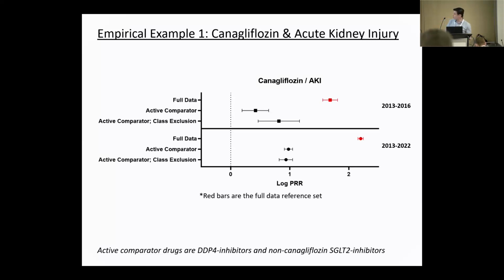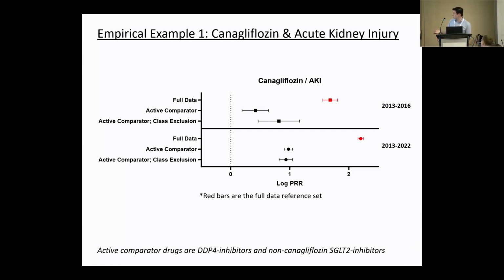On the y-axis, I have the full data or the benchmark set at the top, followed by the active comparator, and then the active comparator class exclusion. There are 3 confidence intervals. I made the benchmark in red, and the 2 restricted reference sets are in black. These are all on the log PRR scale, the proportional reporting ratio, which is the analog to the risk ratio in spontaneous reporting data.